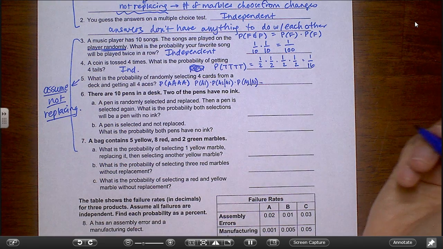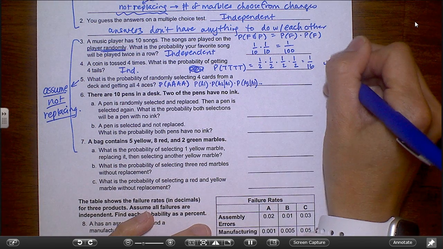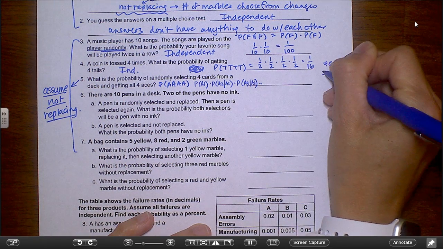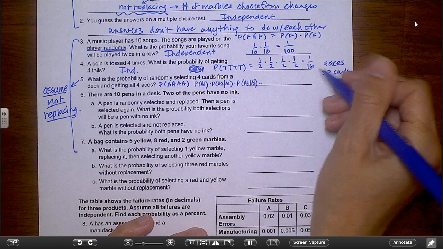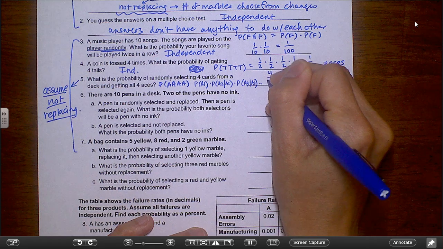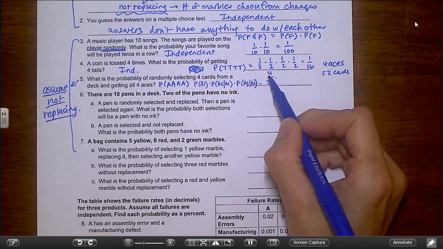All right, so the probability of getting an ace. We have 4 aces. We have 52 total cards. So the probability of the first ace is simply 4/52. Now, and this is where I said on the note sheet, you have to assume that your desired outcome happened. So you assume that you got that first ace.